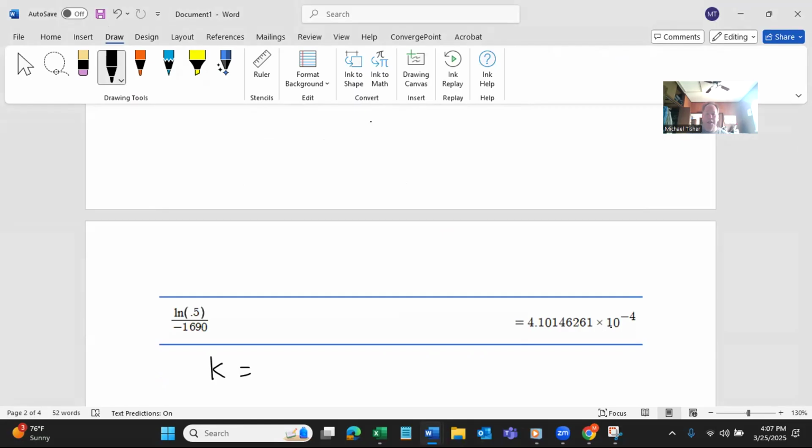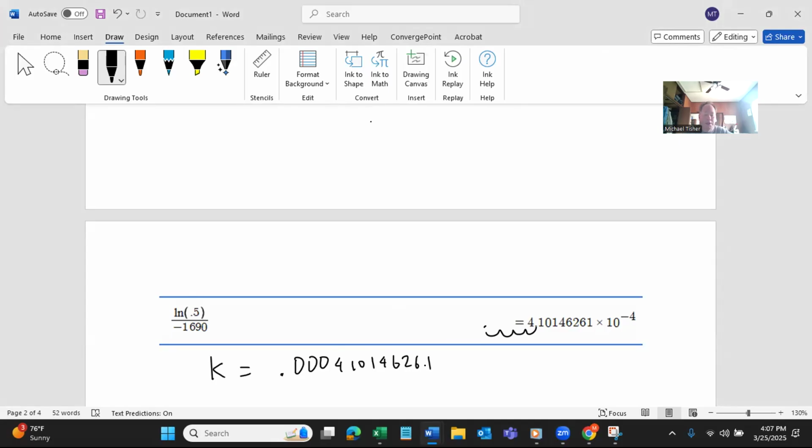This says times 10 to the negative 4, so since the exponent is negative 4, we move the decimal point 4 places to the left. If you do that, we're going to have 3 additional zeros. So there'll be 0.000 4101 46261. So 0.0004101 is our decay constant.